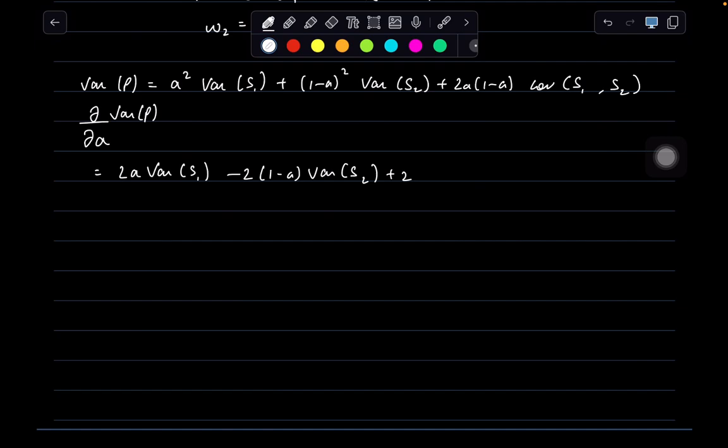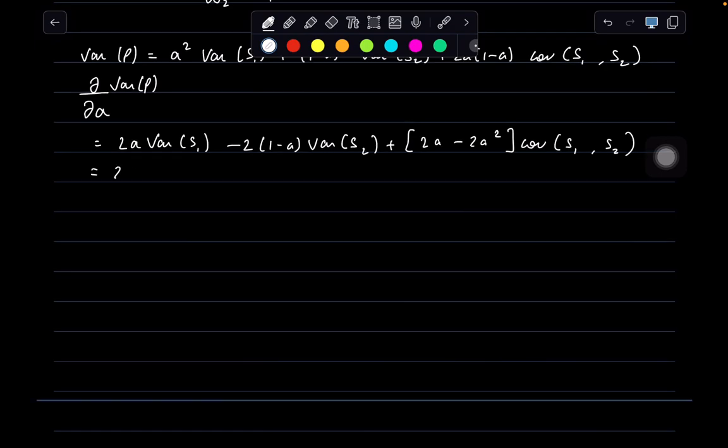So I'm just going to write it down like 2a minus 2a squared covariance of s1 s2. I know I could have done it with one less step, but it's better to write an extra step than to make a mistake. So I'm just going to write that down.